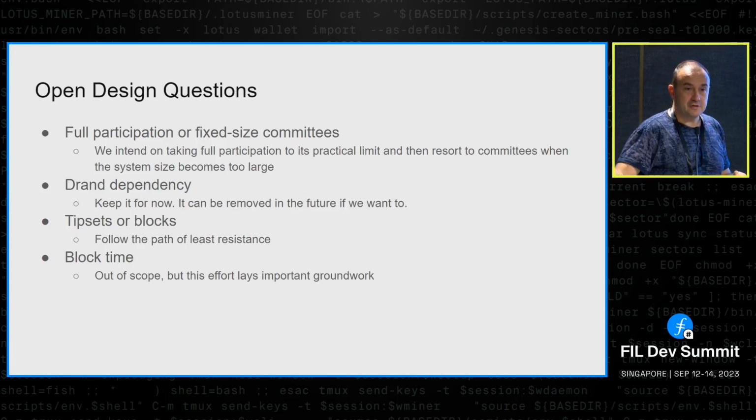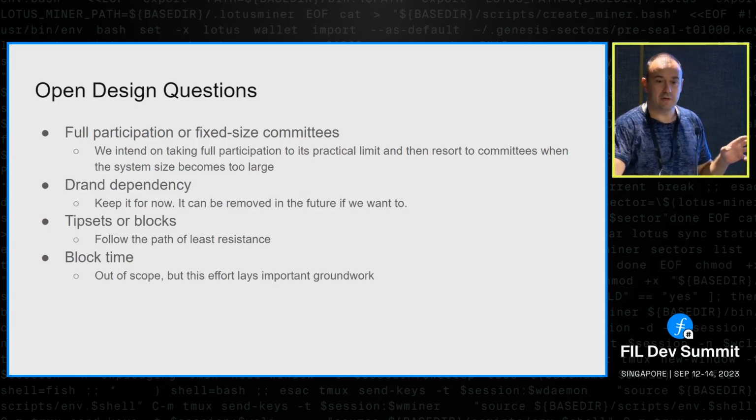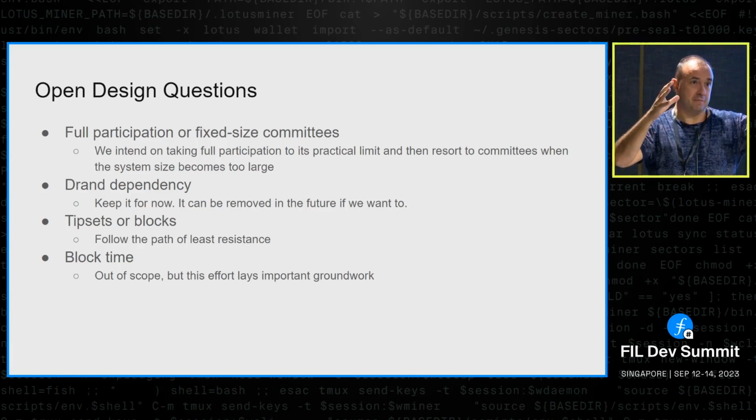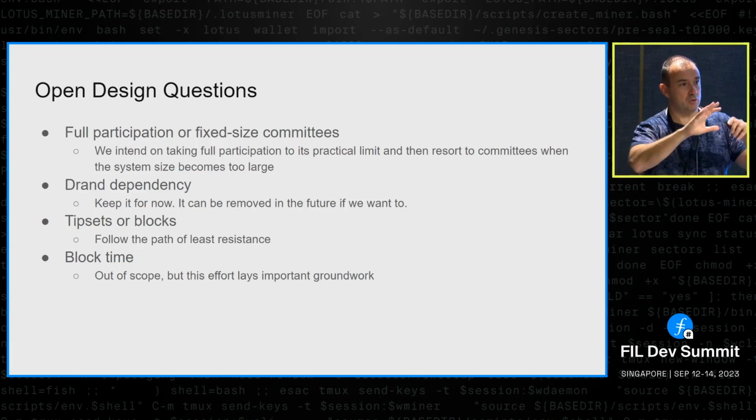There was a lot of discussion on whether we should keep tipsets or blocks. For this architecture it's a minor question, we could apply it to both, but if you move to blocks, it might have crypto-economic implications, like you no longer have an expectation of five miners getting rewards at once.